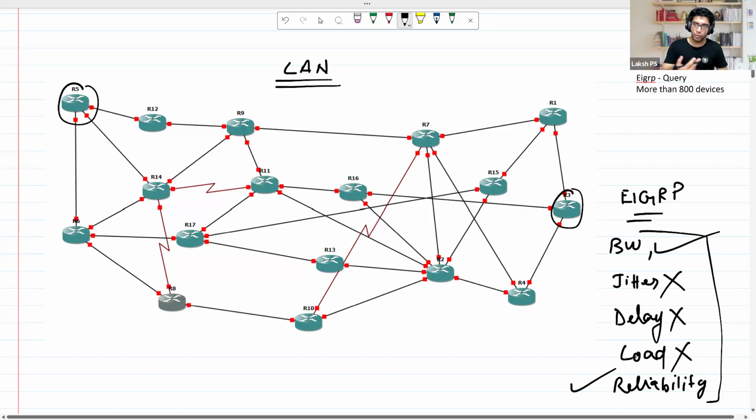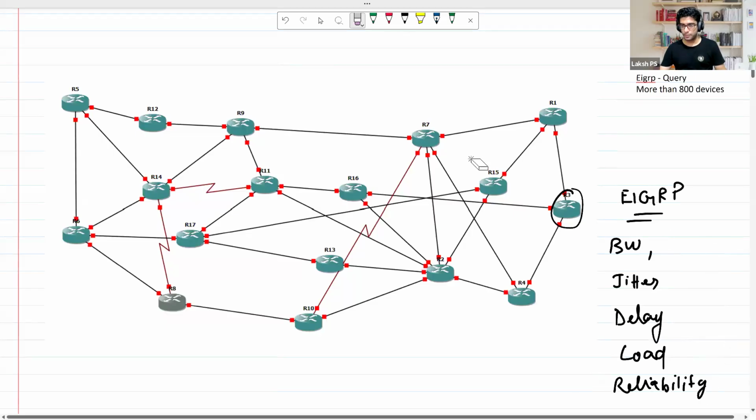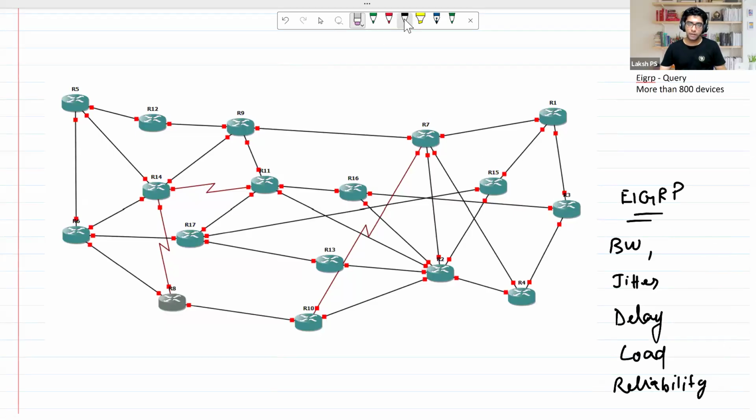Okay. Now, what is the problem with EIGRP on the service provider side? Why can't I use EIGRP on the service provider side? First, the problem itself is with its metric calculation, or these 5 different parameters that it uses. Imagine this as a service provider network.